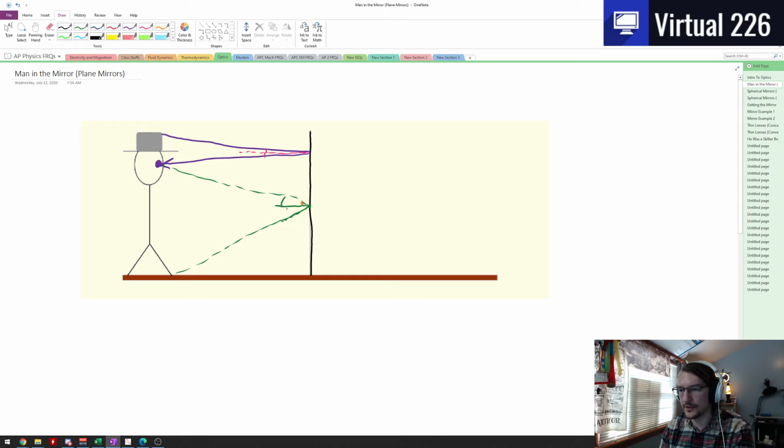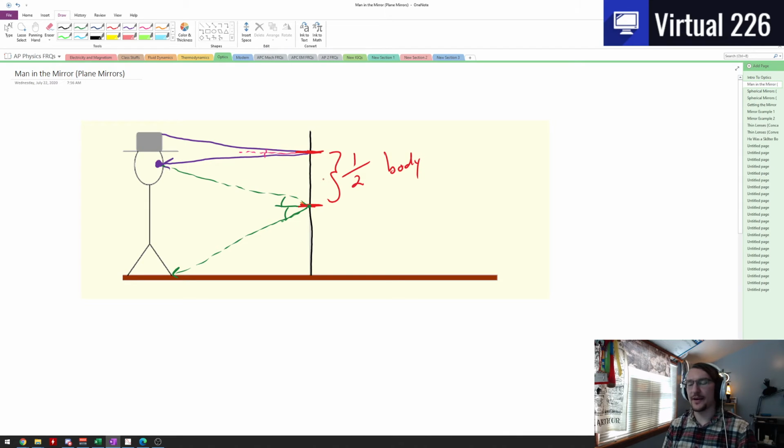So there's our angle of incidence, angle of reflection, and we see the foot there. What this actually means is that in order to see your entire body, you only need this much of the mirror, which if we actually measured and boiled it down, is half of your body height.